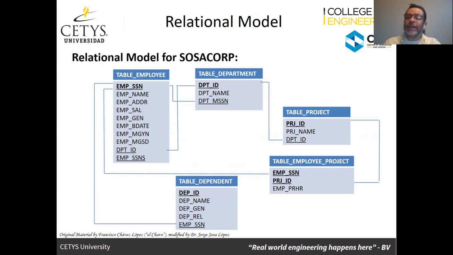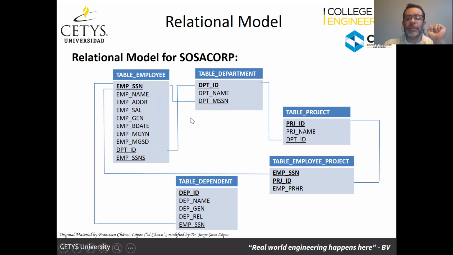From that, we had extracted the tables that comprise our relational model. So we've got 4 tables: employee, department, project, and dependent. Each of these has their attributes, and we identified the attributes with a specific nomenclature.